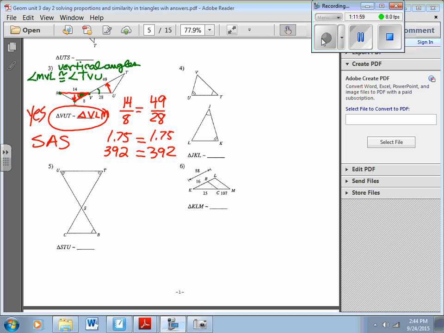Let's take a look at number 4. Is there anyone that notices anything that's striking in just the picture? Angles? Are there any angles that are actually congruent? K and U. Okay, so let's make sure. Now notice K has 2 arcs. And you said U?